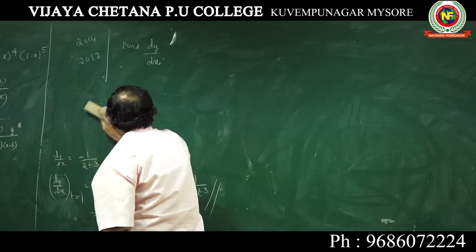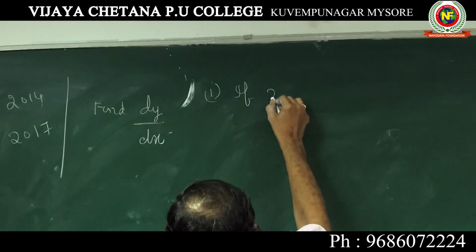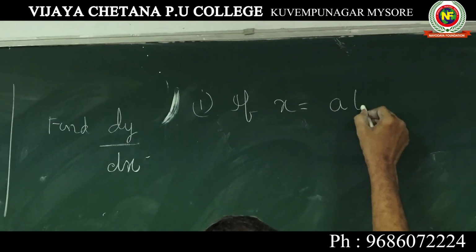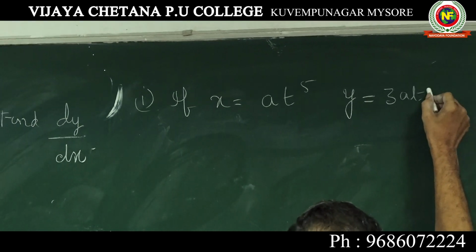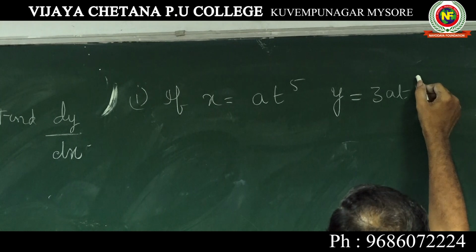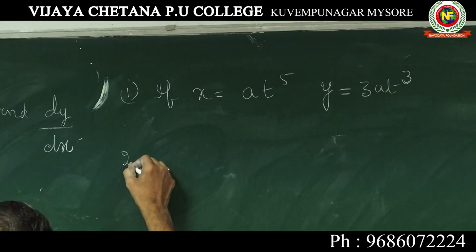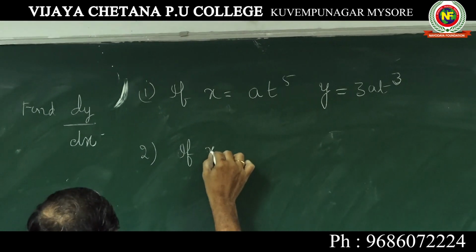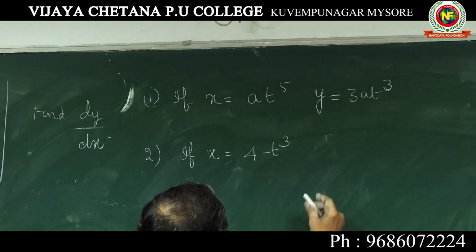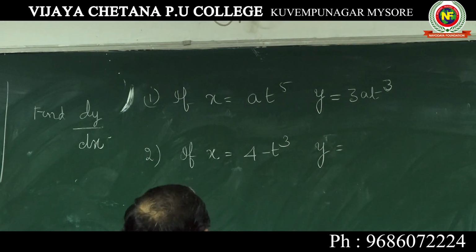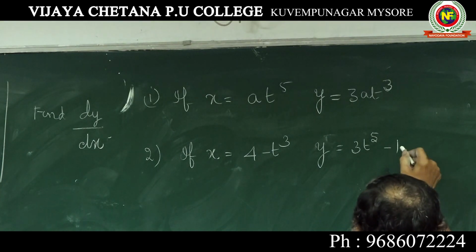Take the problems. Find dy by dx, first one, if x equal to 8t to the power of 5, y is equal to 380 cube. Then second one, find dy by dx if x is equal to 4 minus t cube and y is equal to 3t to the power of 5 minus 1.